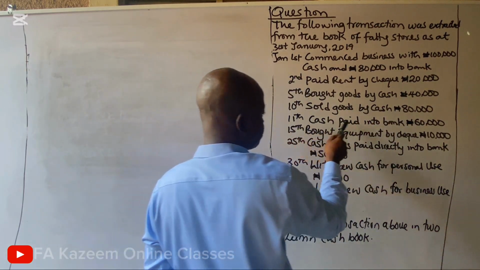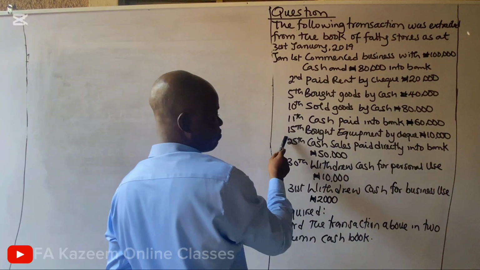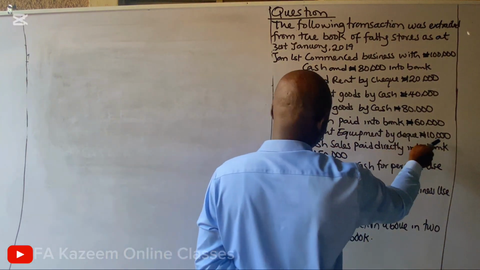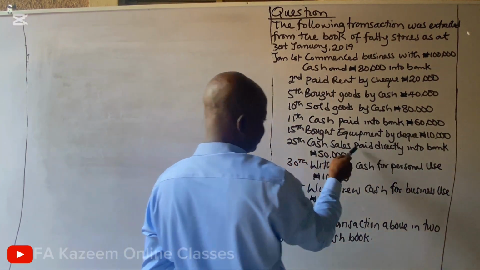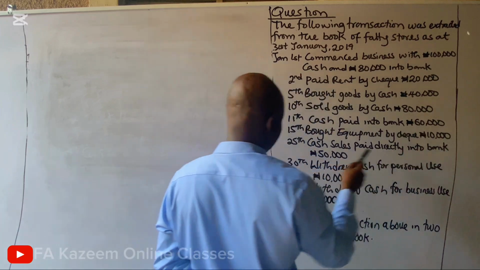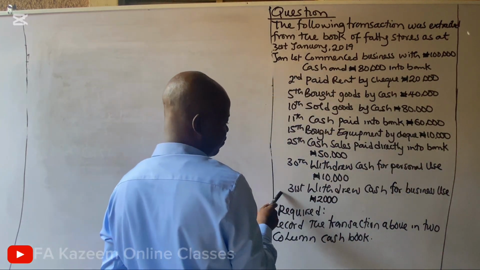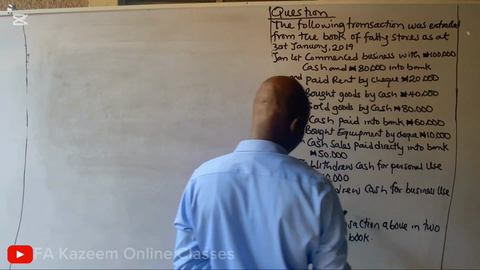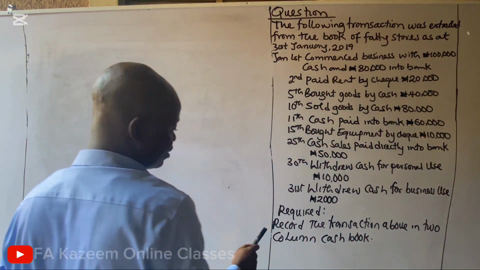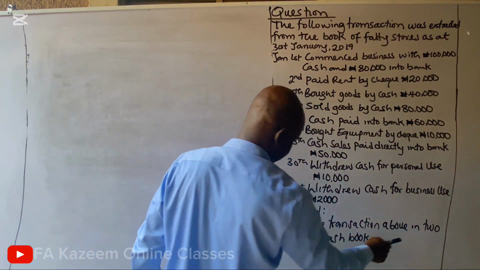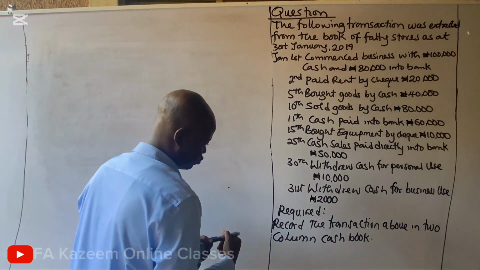On the 11th, cash paid into bank. On the 15th, bought equipment by check. On the 25th, cash sales paid directly into bank. On the 30th, withdrew cash for personal use. On the 31st, withdrew cash for business use, 2,000. Required: record the transactions above in a two-column cashbook.